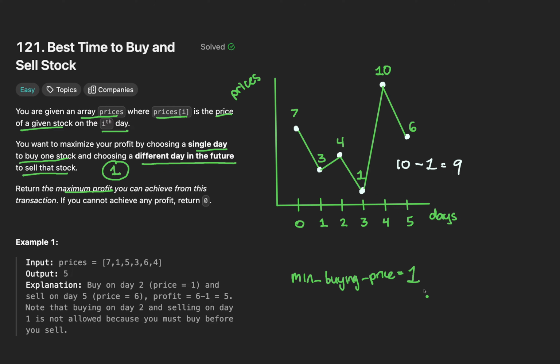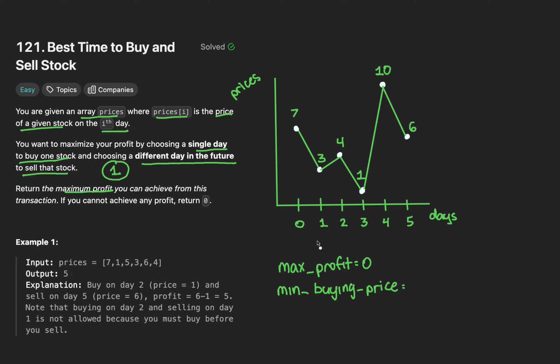And if we did that, we can do some quick maths like we did on day 4 on every iteration to see if we made money or not. And if we did, like we did here with the positive 9, we can update the same max profit variable that we had in our brute force solution to the highest profit so far of 9. That's the general idea of the algorithm, at least.